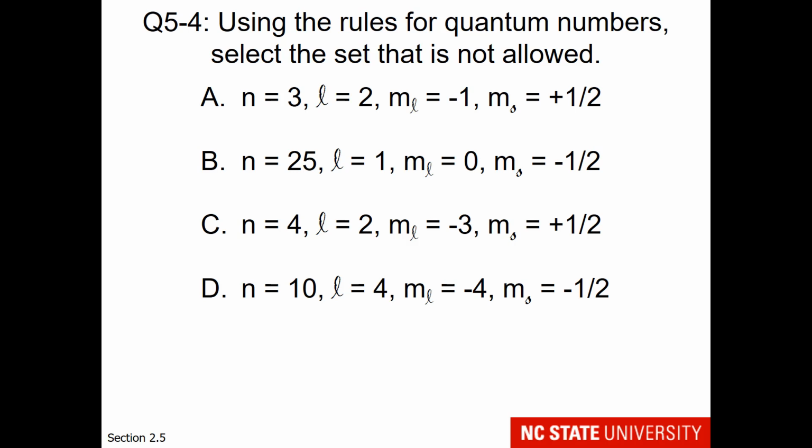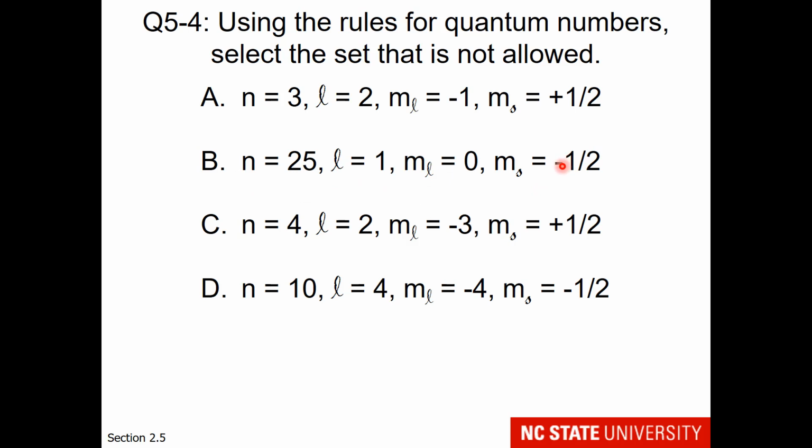So here is a question for you. Using the rules for quantum numbers, select the set that is not allowed. Now, many times students go for answer B because we don't know what that element is. But if that element were to exist, and I'm sure it would be very radioactive and decay quickly, does it theoretically fit the restrictions on the quantum numbers?